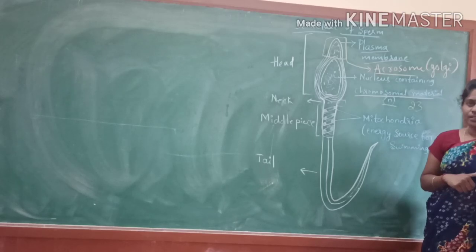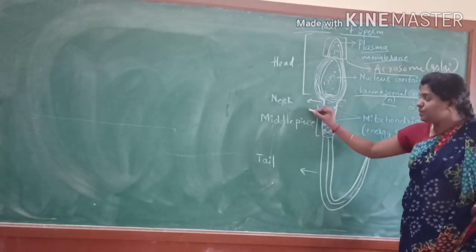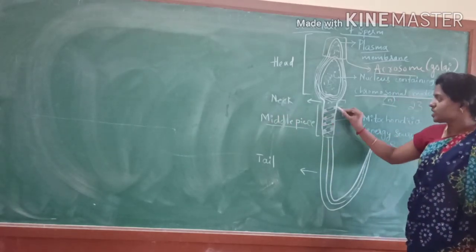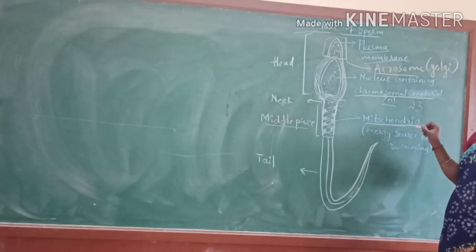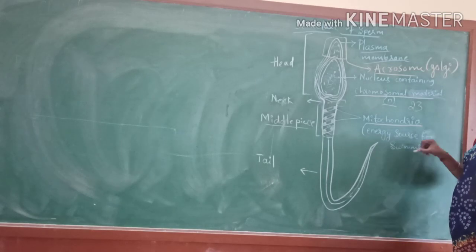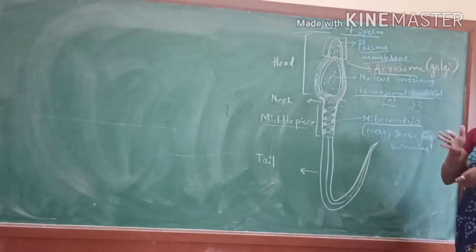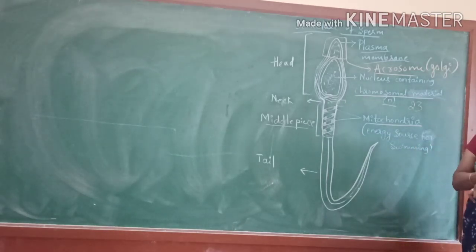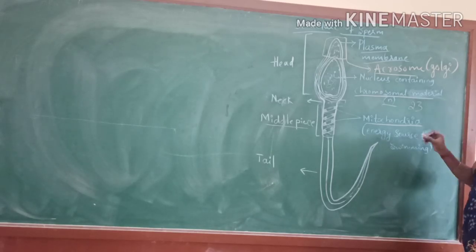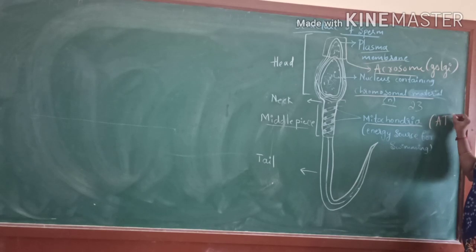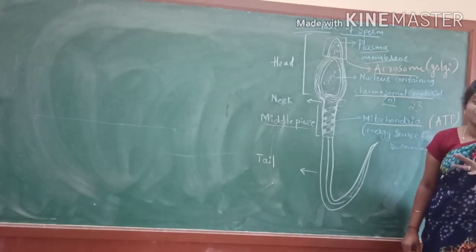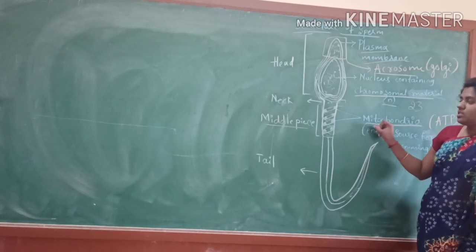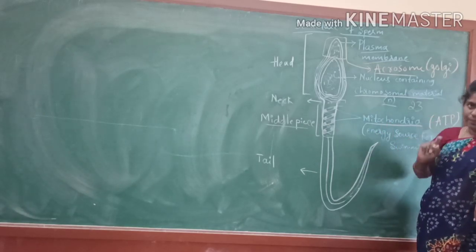How does it obtain energy? From the middle piece, which contains mitochondria. The mitochondria are the energy source for swimming, the motion of the male gamete towards the female gamete to reach the ovum. These energy packets are nothing but ATP, adenosine triphosphate, the main energy currency synthesized by the mitochondria.